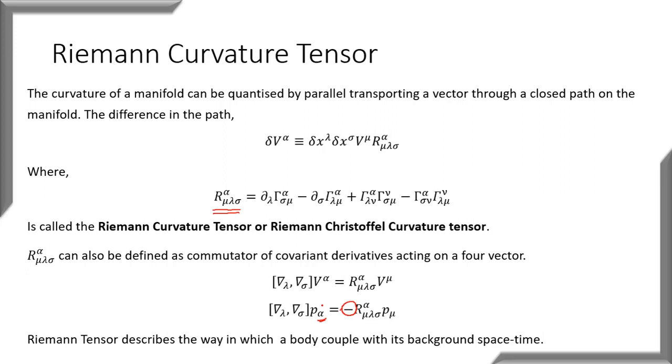Now, the Riemann tensor actually describes the way in which one body couples with its background space, or how a body of mass forms a curvature, or how it actually deforms its background space-time. This very notion of deformation of the space-time is given by the Riemann curvature tensor.